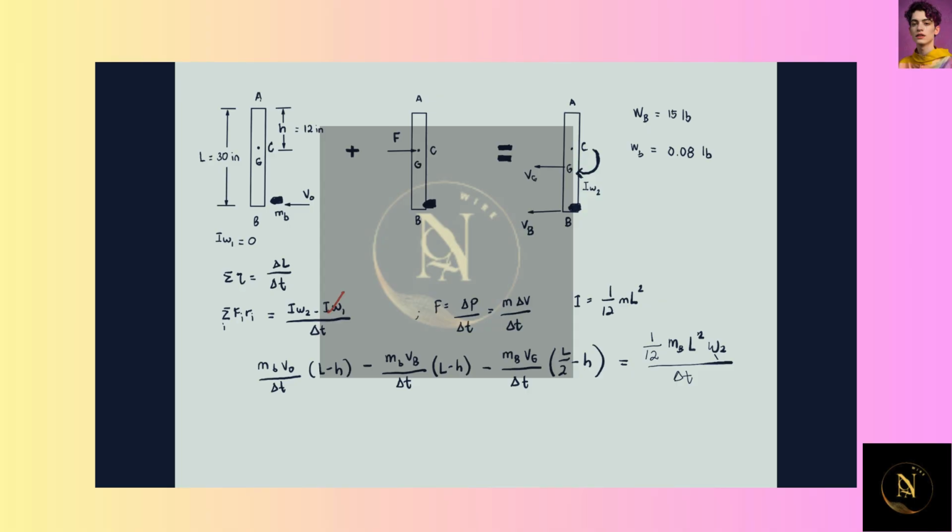So substituting the given values, and we're going to omit the units for simplicity, so we'll have 0.00248 times 1,800 times 1.5, so that's L minus H, minus 0.00248 again, and then VB, which is unknown, times 1.5 minus 0.466 times V sub G times 0.25, okay, equals 1 over 12 times 0.466 times 2.5 squared omega sub 2.